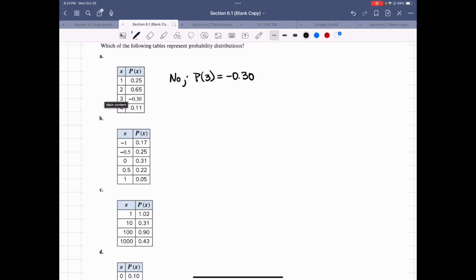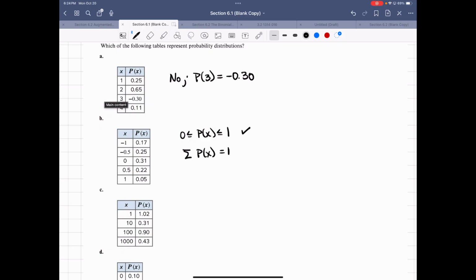B. Okay, well, we see that everybody's between 0 and 1, right? So the next thing we have to check is, do all of those add up to be 1? So now let's add up the sum of those probabilities.